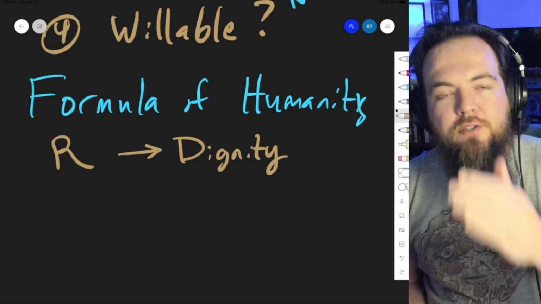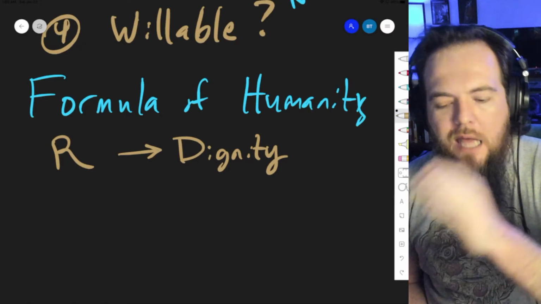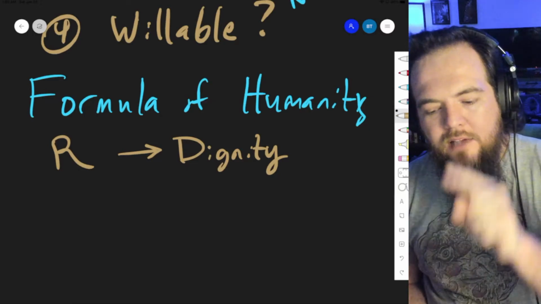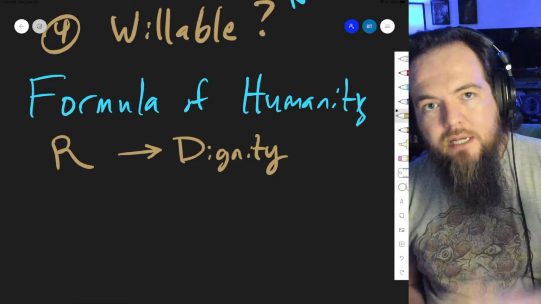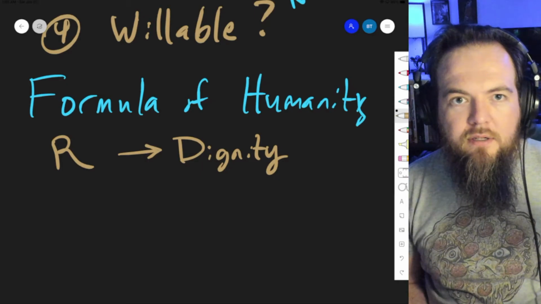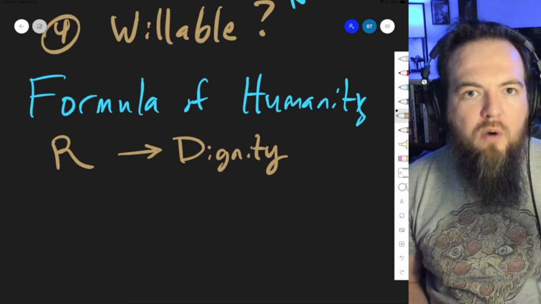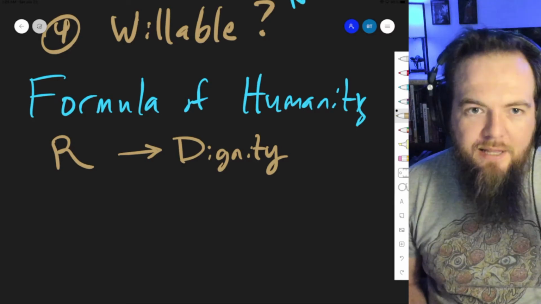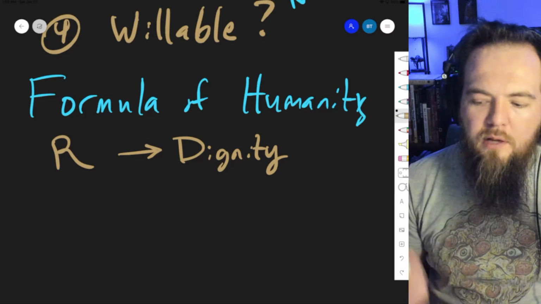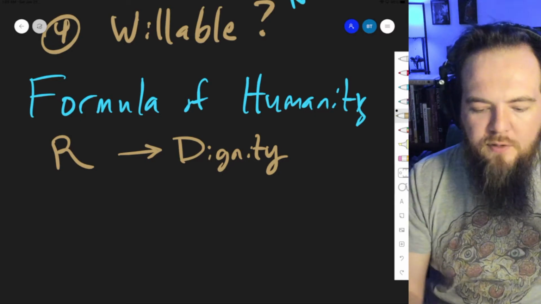dignity. So any being that has reason, he says even aliens, right? Any being that has reason has dignity. And what dignity means is you can't just use that person as a mere means to your end. You can't use them to do what you want to do. You can't manipulate them, right? So the formula of humanity says basically, if you have dignity, you have to respect it.